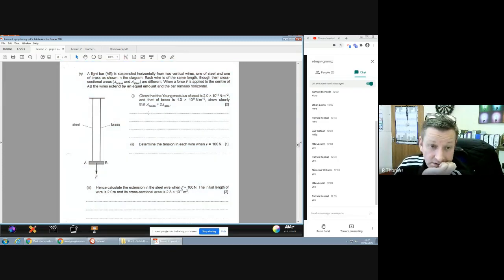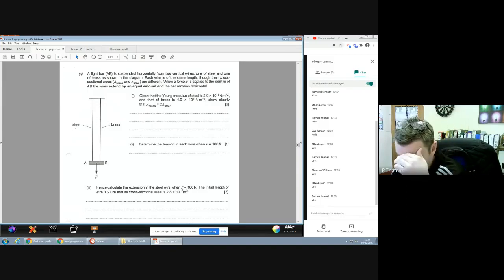The extension is the same. The extension of steel and the extension of brass is the same. And as we know, the force being applied is the same, and we know the values of Young's modulus, we can easily show that, okay?